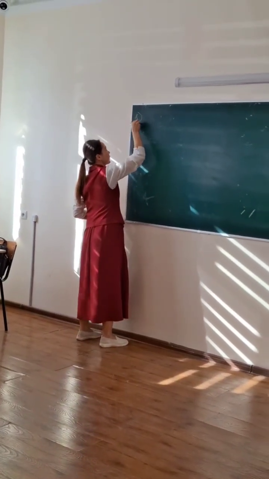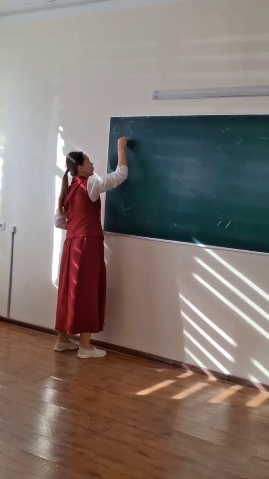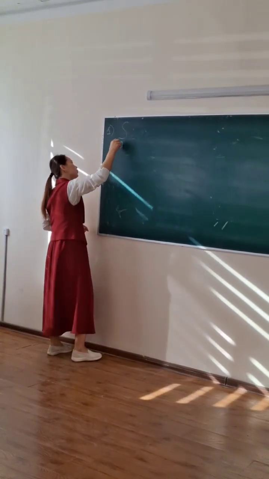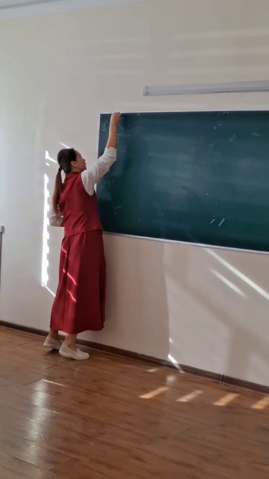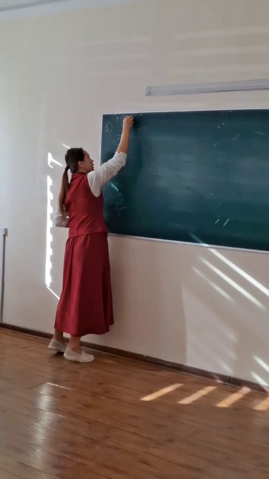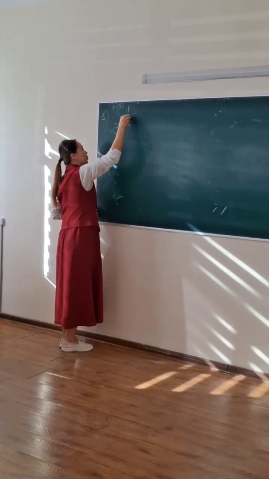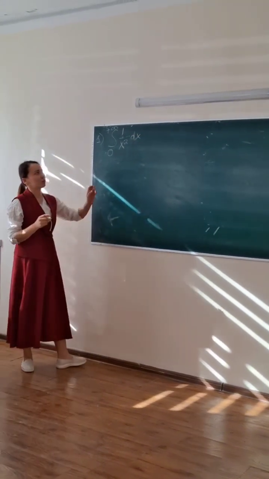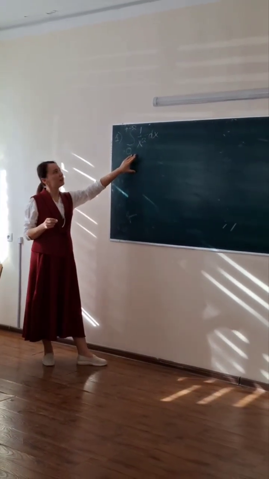First example: lower limit 0 to upper limit infinity, 1 over x squared dx. It looks like this definite integral.